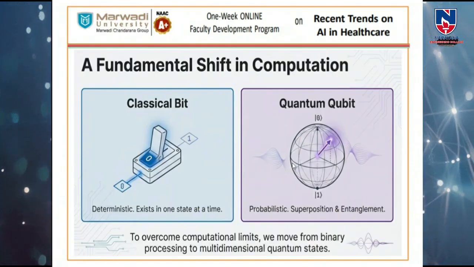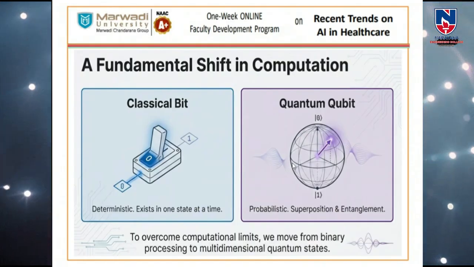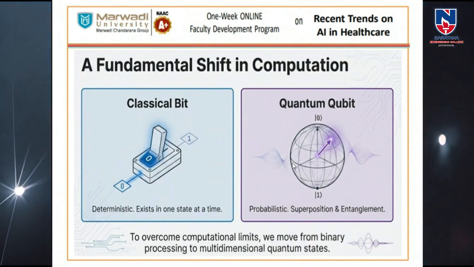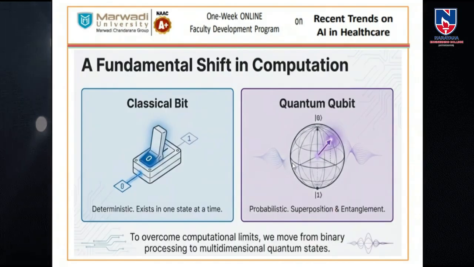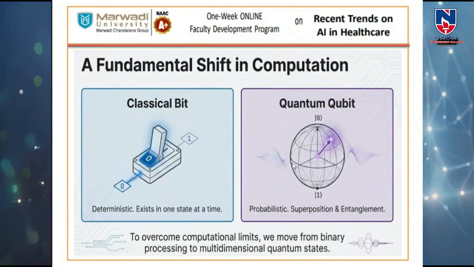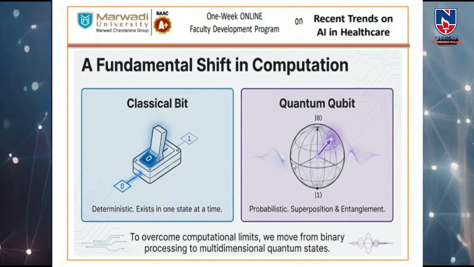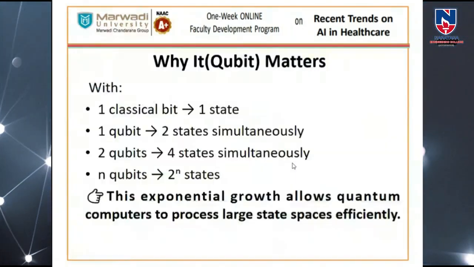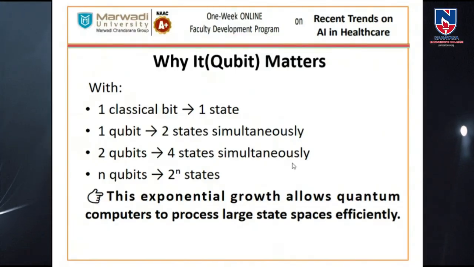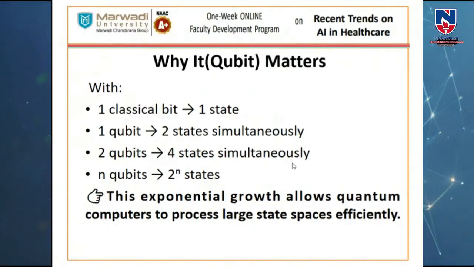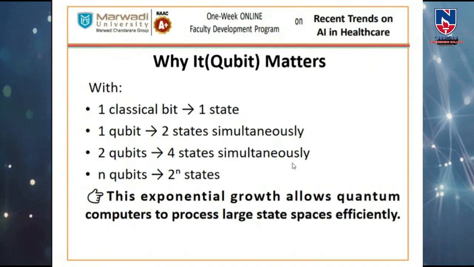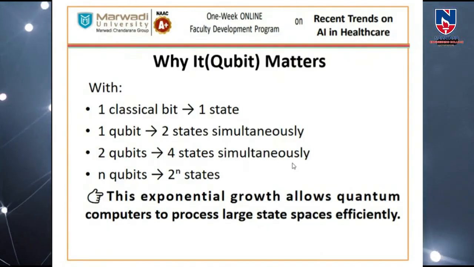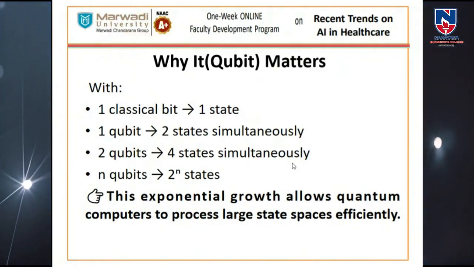We are moving from binary processing to multi-dimensional quantum states to overcome those computational limits, like the huge data set. By seeing this, we can understand the need for quantum computing, especially in healthcare.